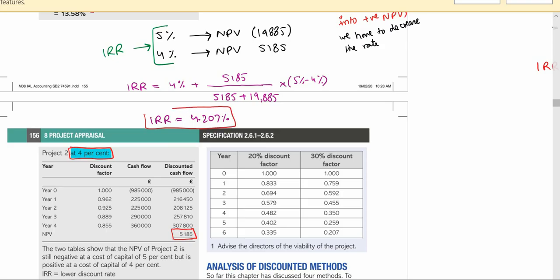Just calculate by yourself and confirm whether this is correct or not. Please calculate and tell me. This purple calculation you have to solve and check whether 4.207% is coming or not.